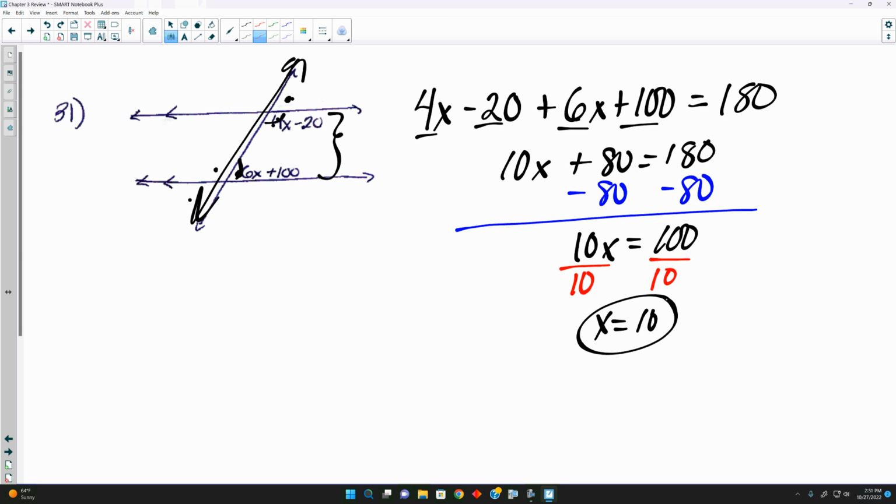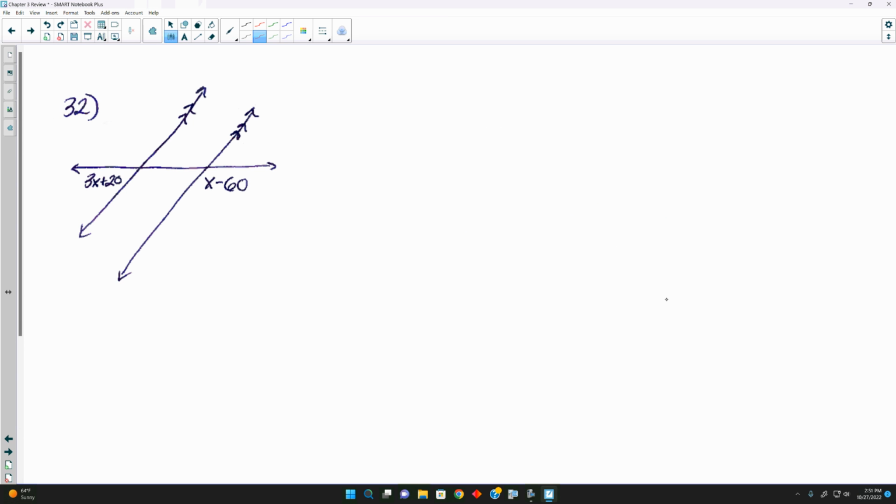Questions on these here? So on the bottom one, it would be 31. So instead of doing this, just do a little test. Because on 31, we're saying that they are supplementary, that the two angles add together to be 180.